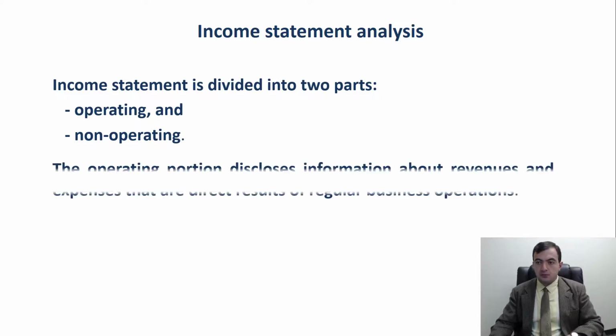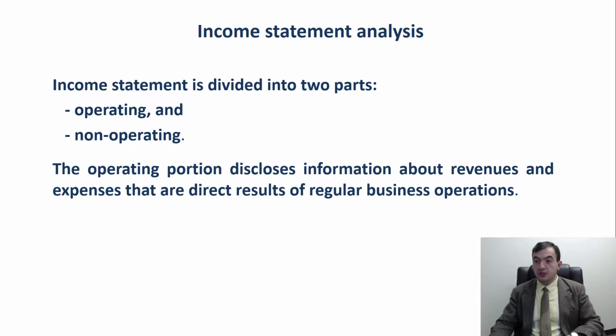So the operating portion discloses information about revenues and expenses that are a direct result of the regular business operations, and the non-operating revenues and expenses are indirectly related to the company's business activity.